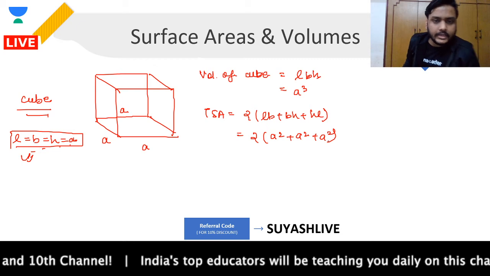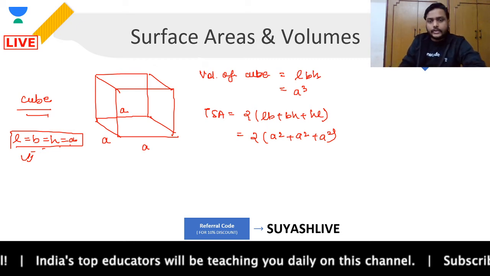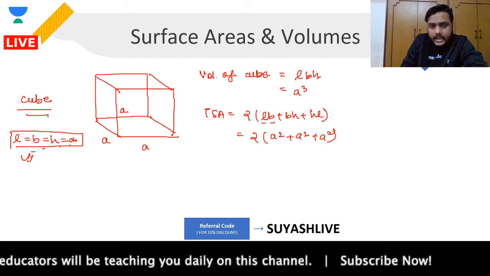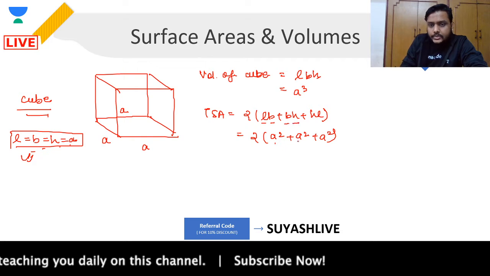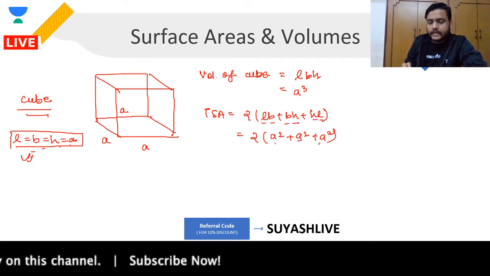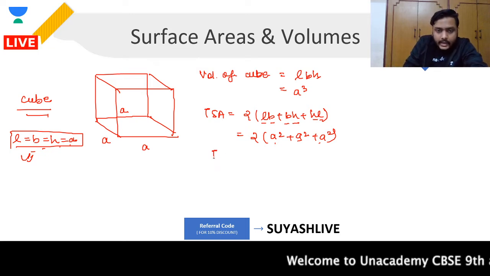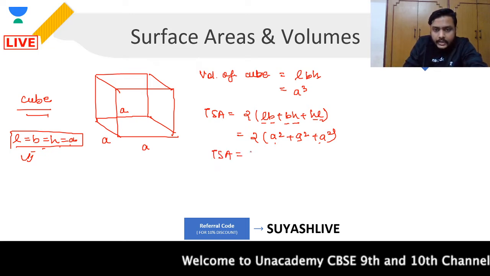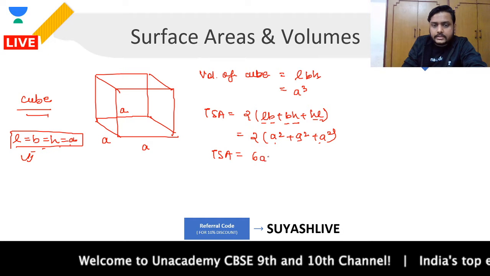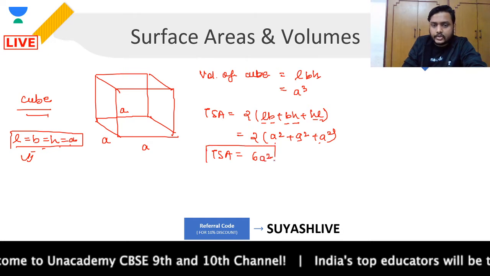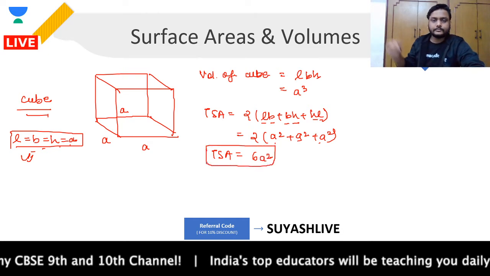Everyone got the point? Okay, so this is what you will be having. Why? Because LB both are A, BH both are A and HL both are A, so it will be 2 times of A square plus A square plus A square, and hence from here your TSA will come down as 6A square. This is going to be your total surface area.